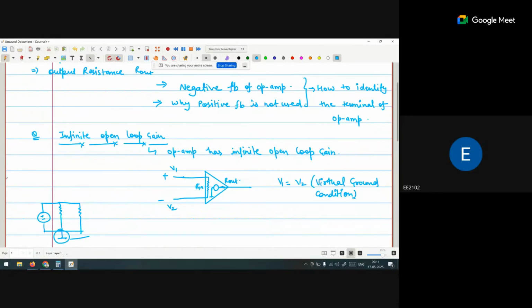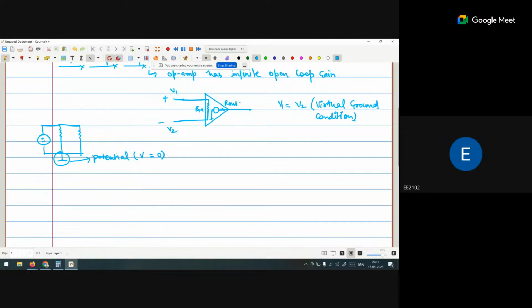So we assume the potential or voltage at this point is zero. This is not exactly zero, but we consider that the potential or voltage at this point is zero. This is called the virtual ground.